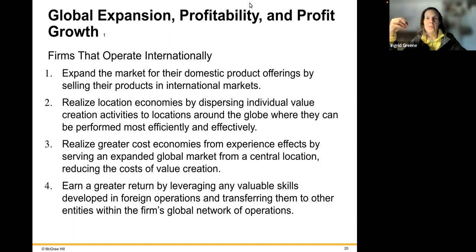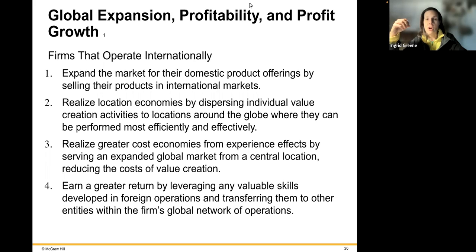So thinking about cheaper labor, call centers abroad, manufacturing cheaper abroad, et cetera, capital that can be more efficiently invested. Then the third thing is that we also realize that there are greater cost economies from experience effects by serving an expanded global market.